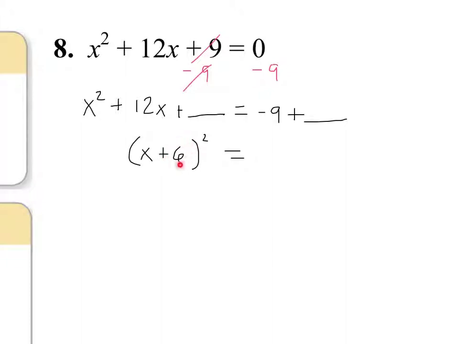We take this 6 and we square it. 6 squared is 36, so we're adding 36 to both sides. Okay? Questions on how to find those numbers?